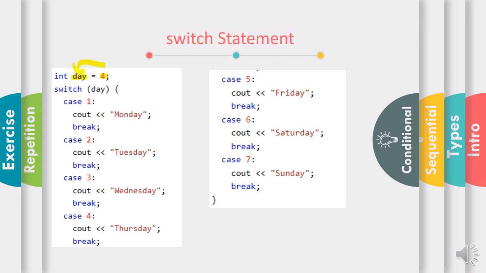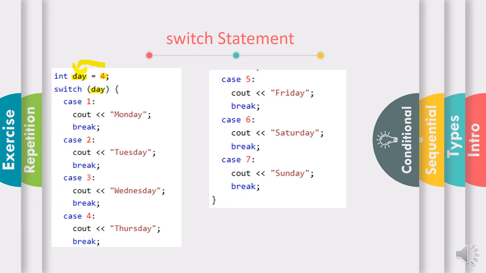So it means that day is a variable which has the value 4. Now we are using the switch statement. We have written the reserved word switch, then within the brackets we have passed the variable day.